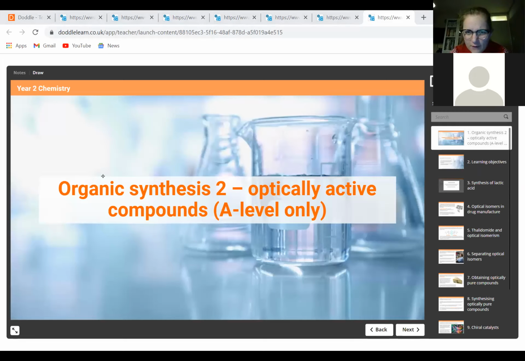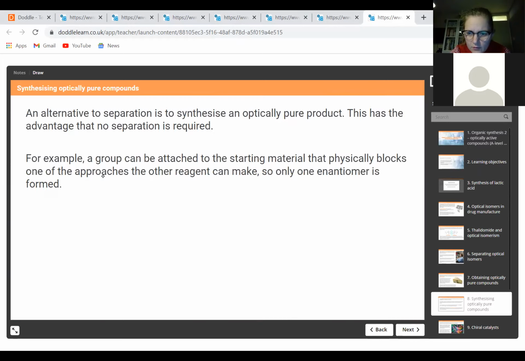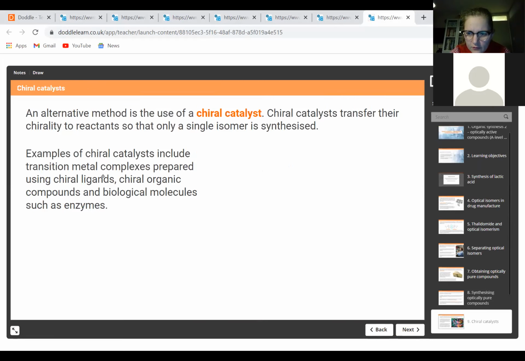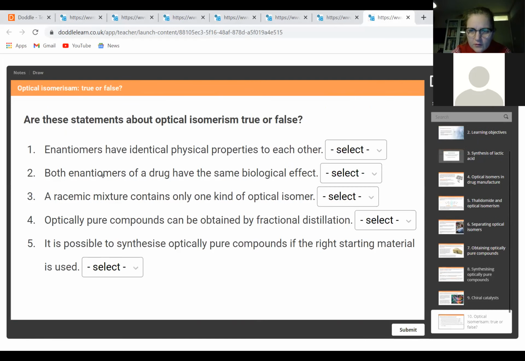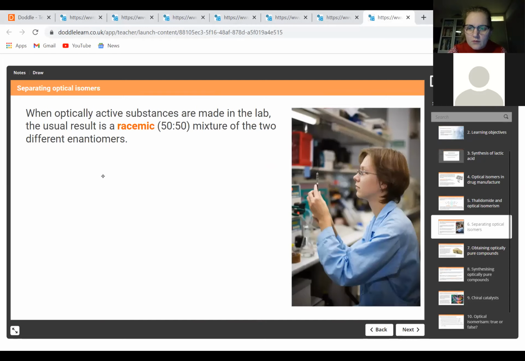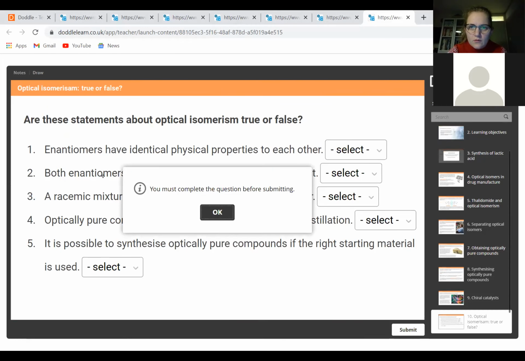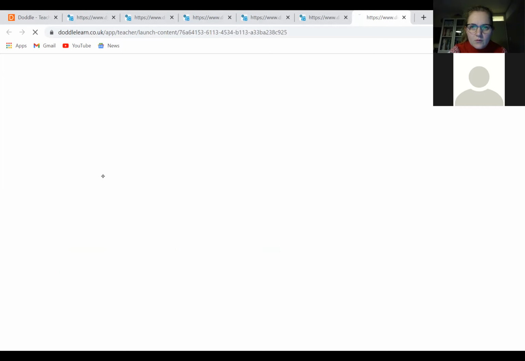Actually, we did all of them, I think. Stop looking at that. Next. Trial catalysts. Yeah, no, we did all these. I think this is where we've got to now. Just waiting for it to load.